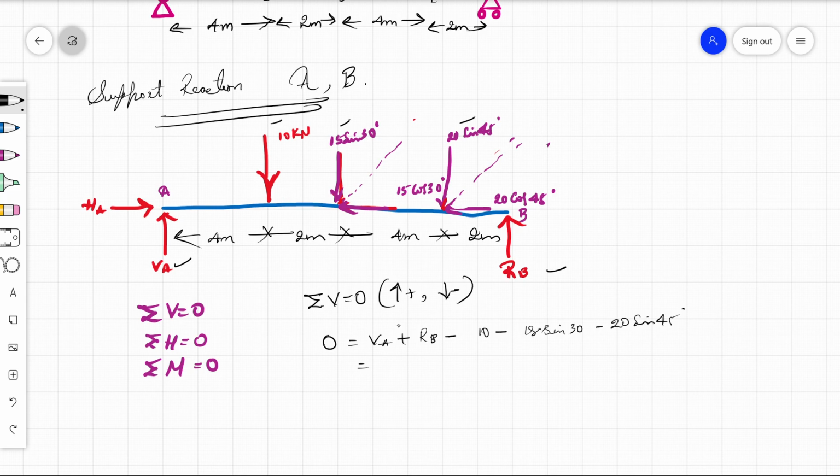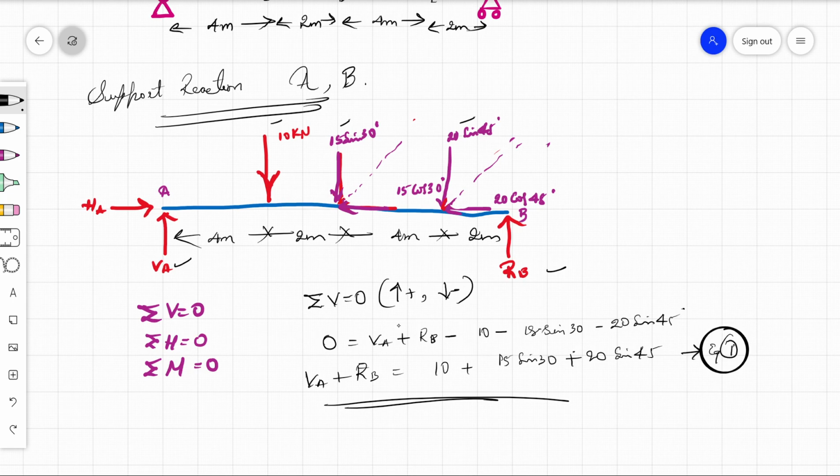If I calculate all these, I get VA plus RB is equal to 10 plus 15 sin 30 plus 20 sin 45. I get one equation like this. Take this as equation 1.